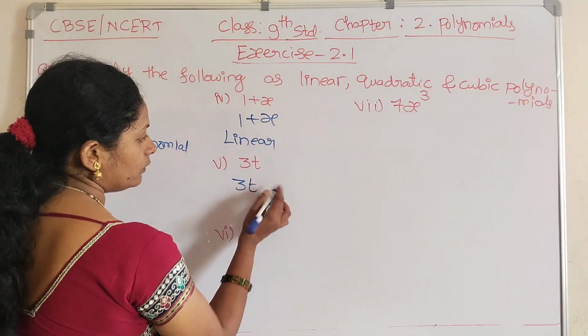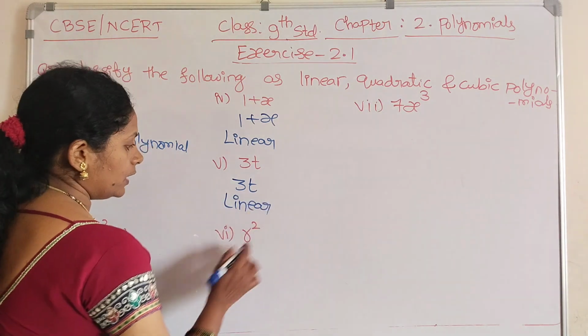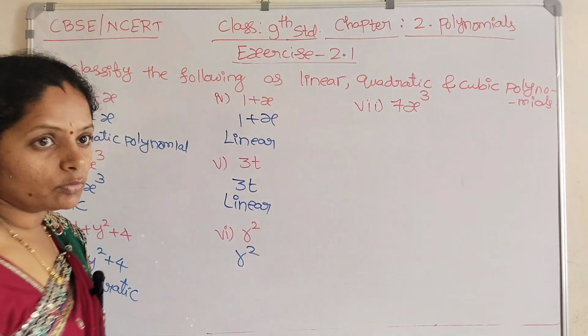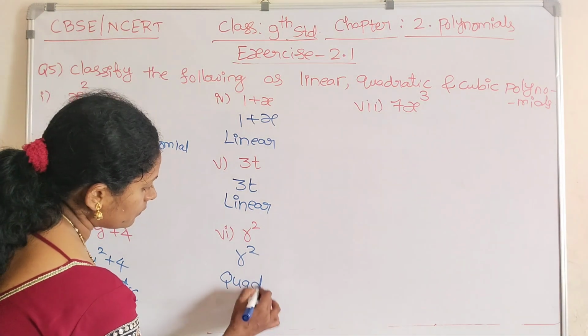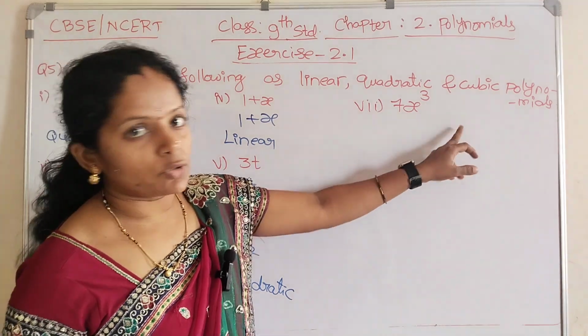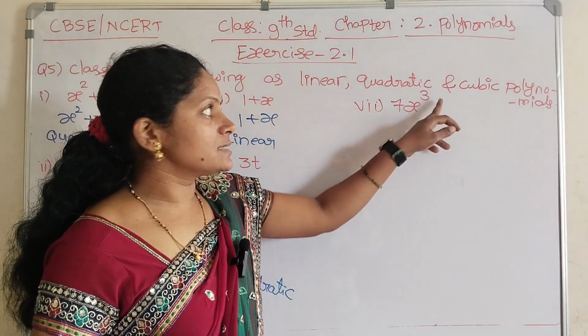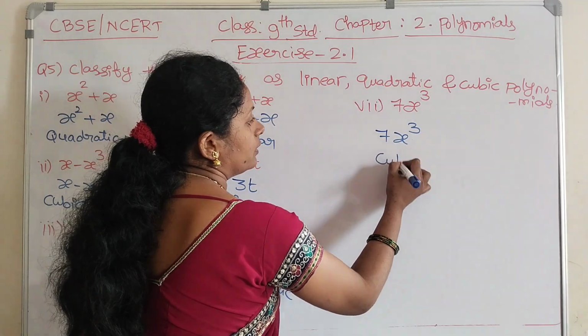Next, 3t, it is also linear. Next, r square is given to us. R square, it is quadratic. And finally, 7x cube, the power of x is 3. It is a cubic polynomial.